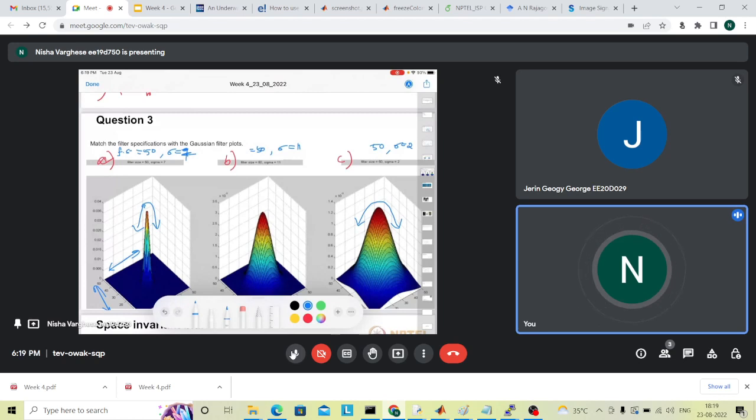So we can say that the third picture has more sigma. So we can match it like this, here, here, and okay. So the more flat the Gaussian kernel, the more will be sigma.